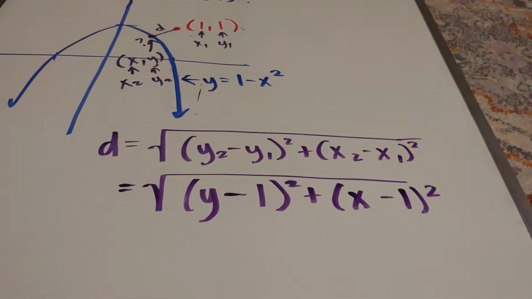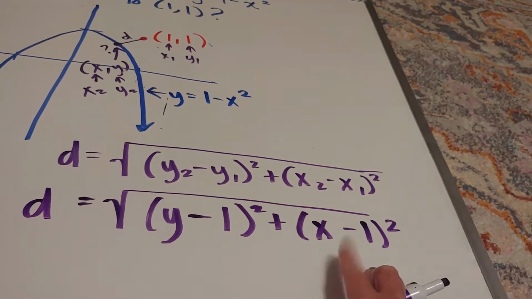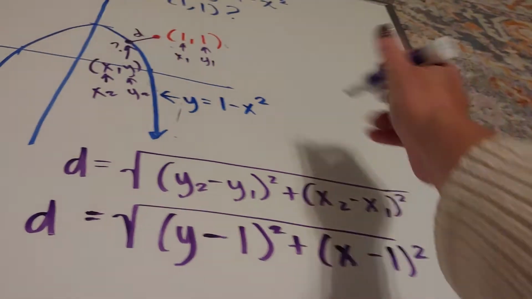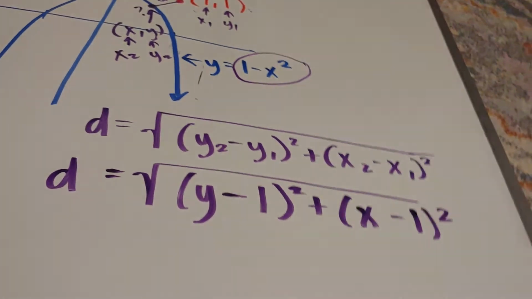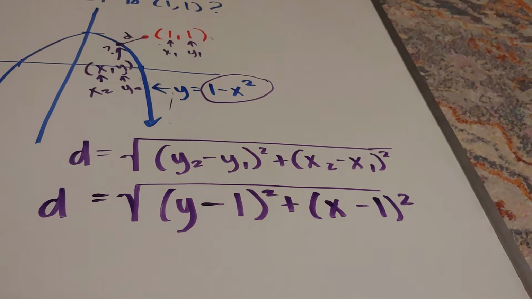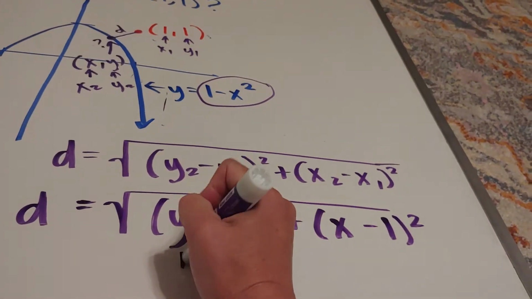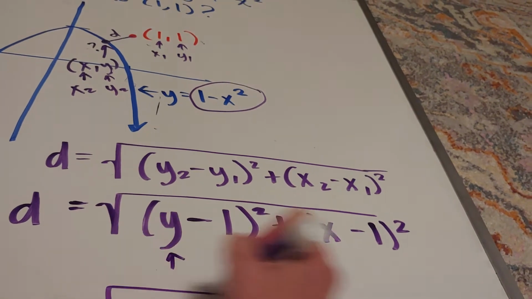Now, this is what I want to optimize, but in order to optimize it, I need to have it all in one variable. So this is where this piece becomes important, because we're not just talking about any point floating in the xy plane. We're talking about a point that's on 1 minus x squared. So I'm going to plug in 1 minus x squared.